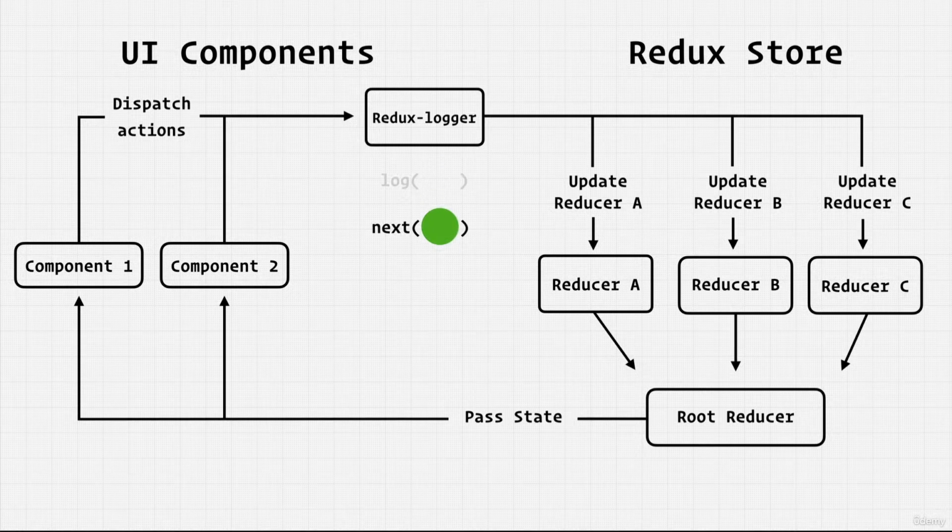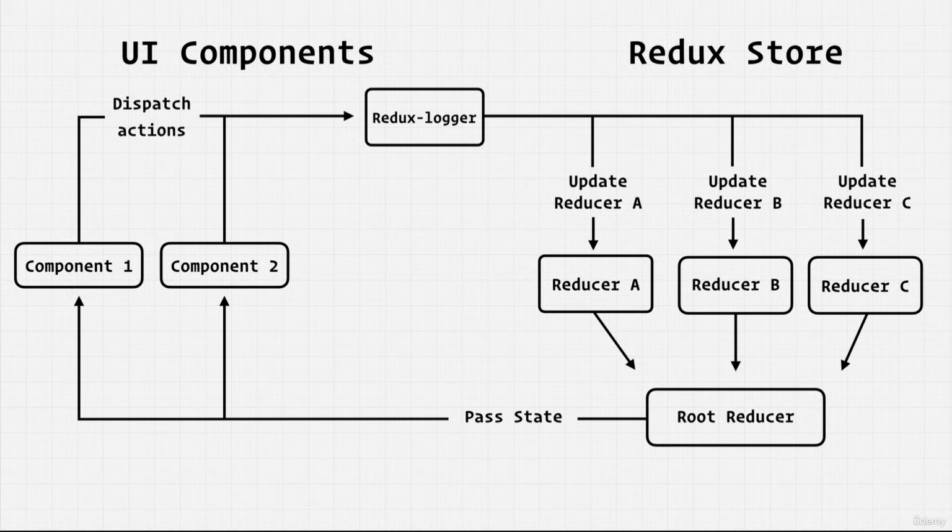And what next does is it will explicitly take this action and pass it down to the remaining flow, whether it's more middleware or into the subsequent reducers, which will receive the action, update accordingly, and then the root reducer updates. So that is the flow that we are familiar with. Once the action enters into the reducers, we know what happens. The root reducer gets updated depending on the value returned by each individual reducer.